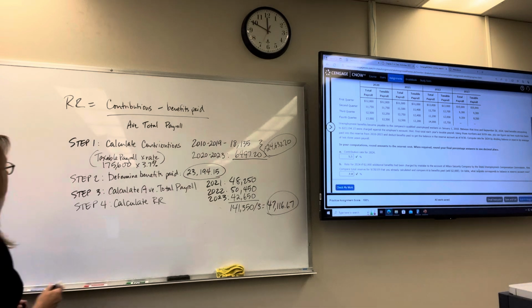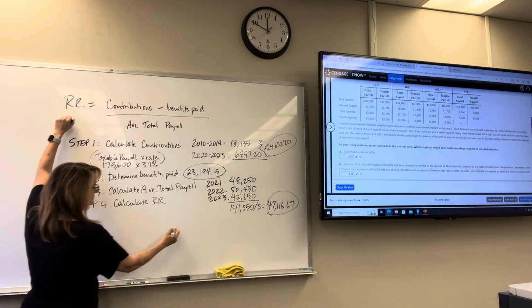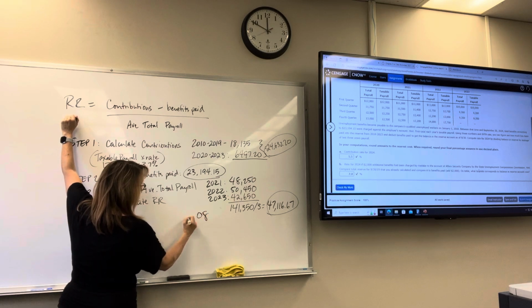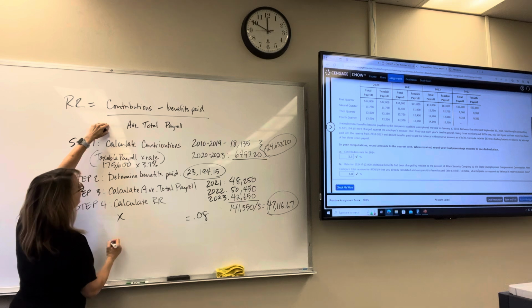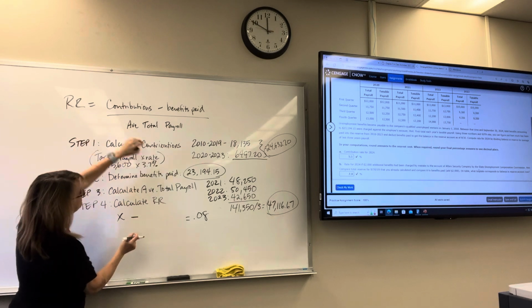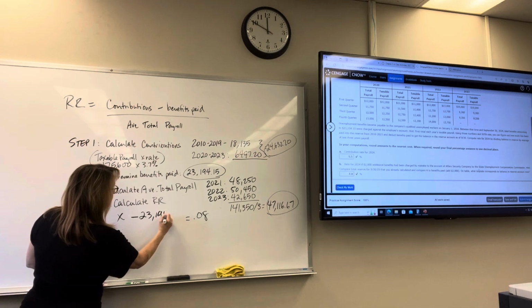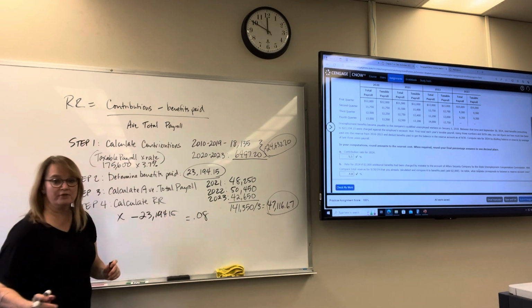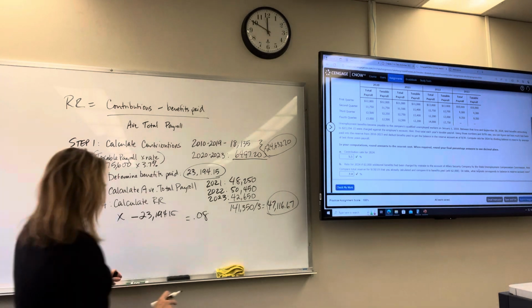Well, now we know what our reserve ratio is that we want, 0.08. We don't know what our contributions are, so that's going to be our X, minus benefits paid, 23,194.15.